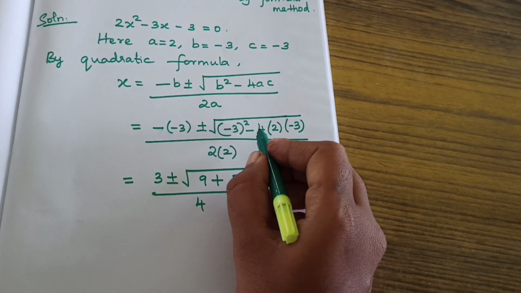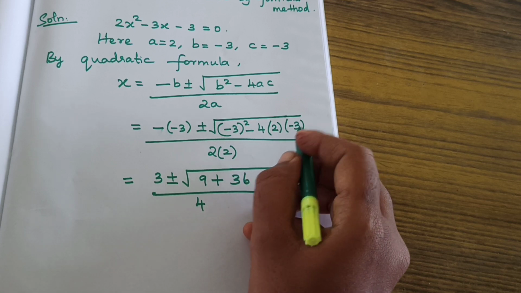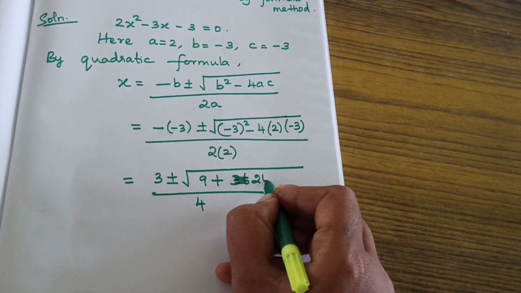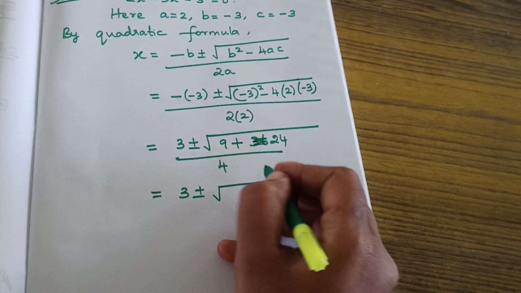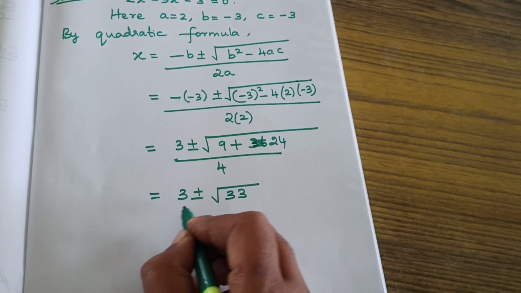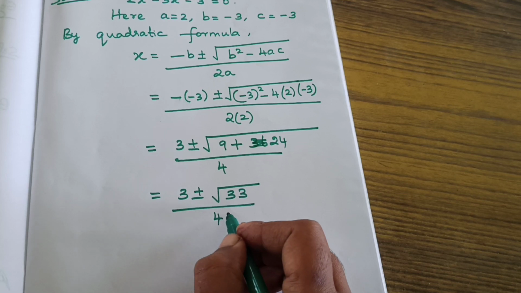Sorry students, here 4 2s are 8, no, 4 2s are 8, 8 3s are 24, okay, 24. Then, which is equal to 3 plus or minus square root of, while adding we are getting 33 by 4, the whole divided by 4.